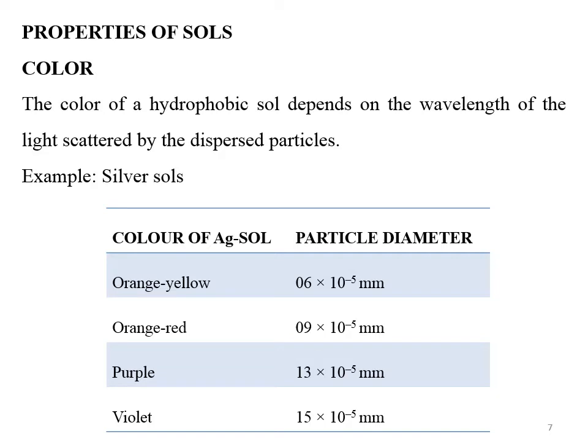When the particle size is further increased to 13 × 10^-5 millimeter, the color of the sol becomes purple. And if the particle size is increased to 15 × 10^-5 millimeter, the color of the same sol will be violet. It means the same material may have different colors when it is in the form of sols and has different sizes of the particles.